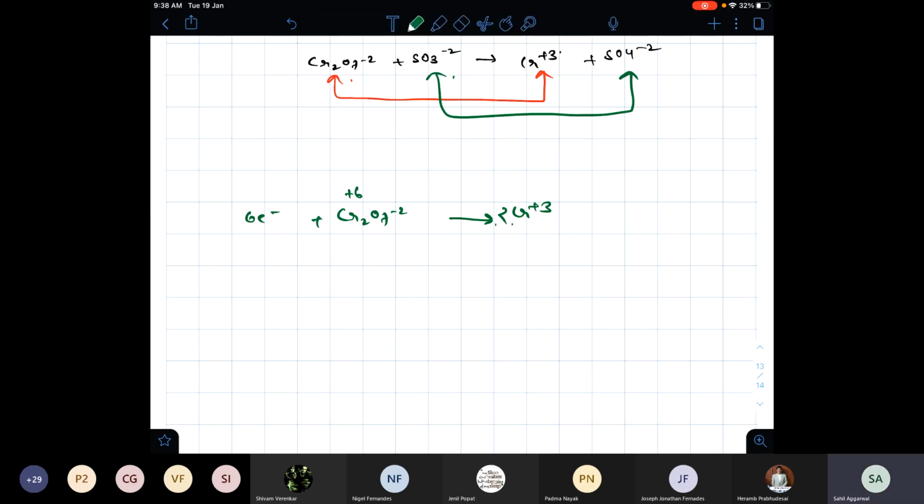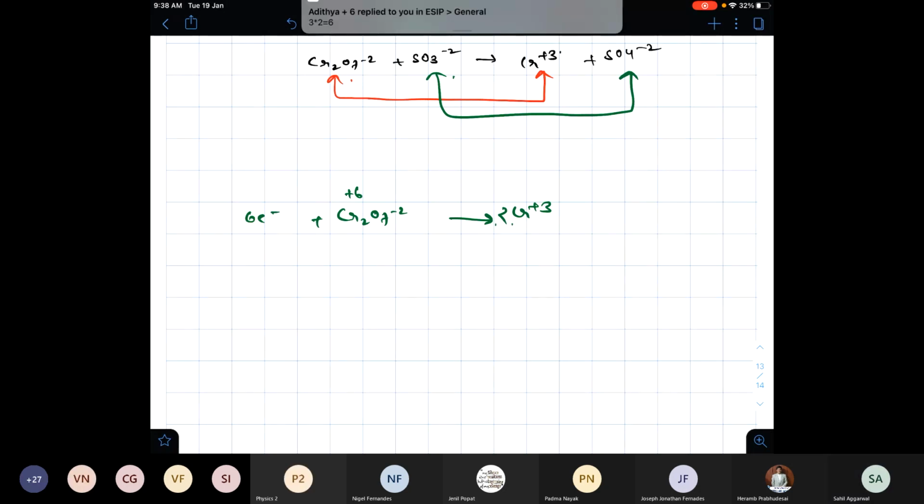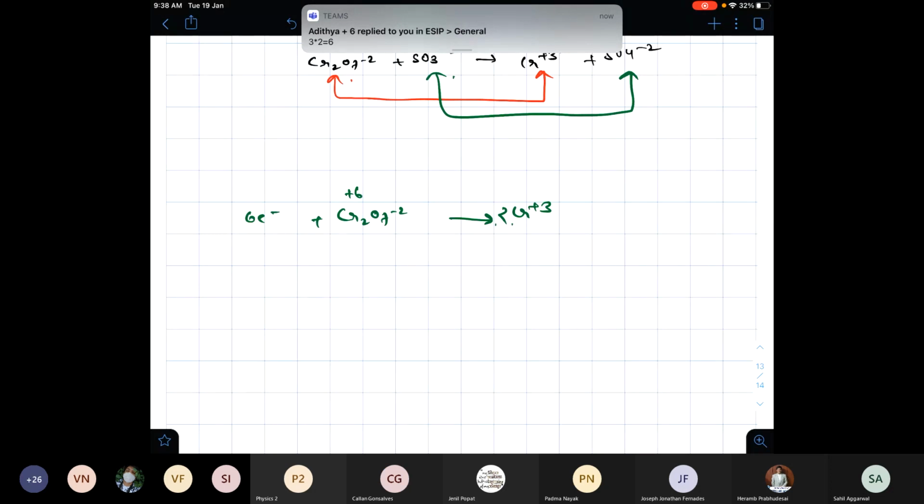How much charge do we have on the right hand side, Aditya? 6.